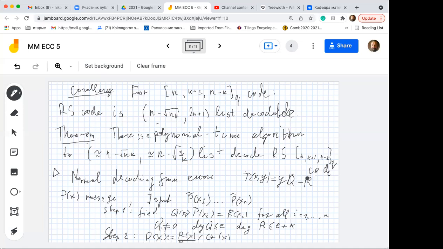So q and r are polynomials of x, and so we obtain a polynomial of two variables, x and y. And this property means that all the pairs of the type xi, p of xi, are roots of that polynomial. So any such pair is a root of t.